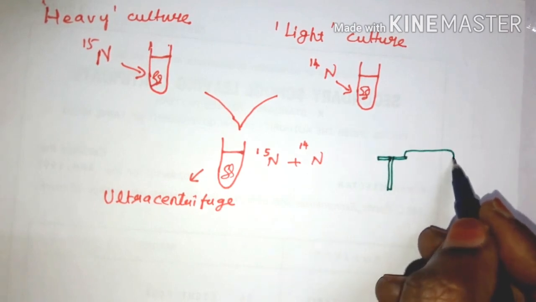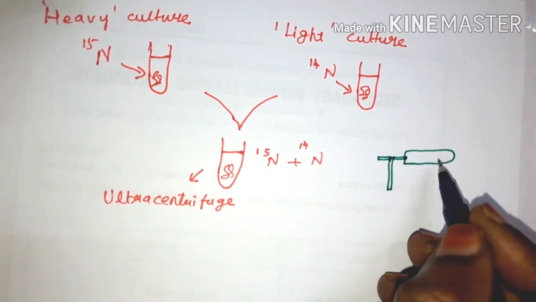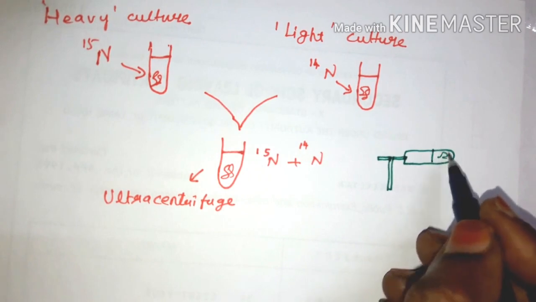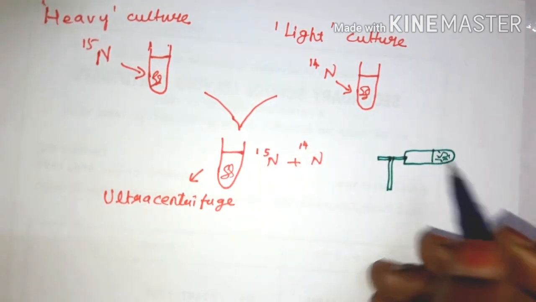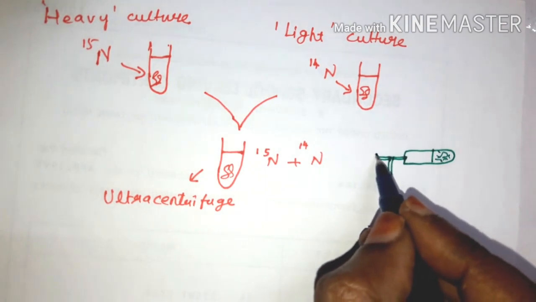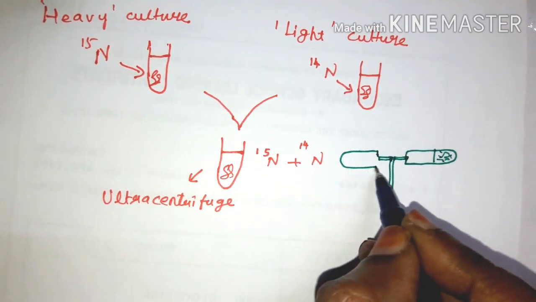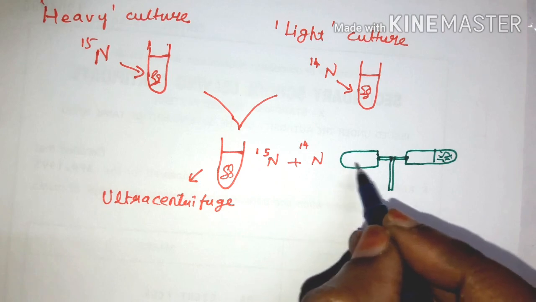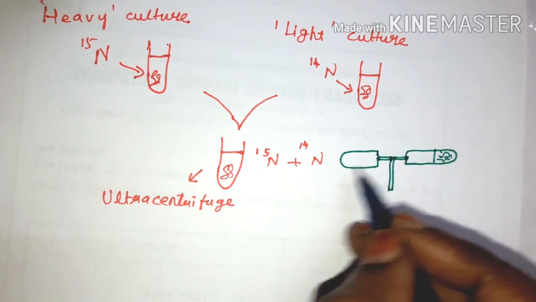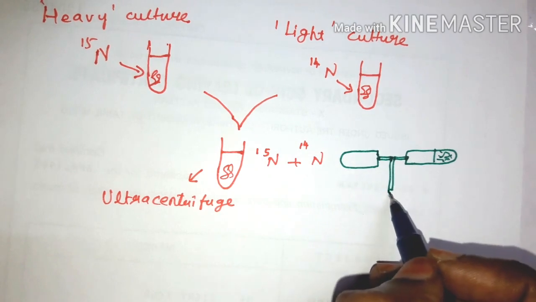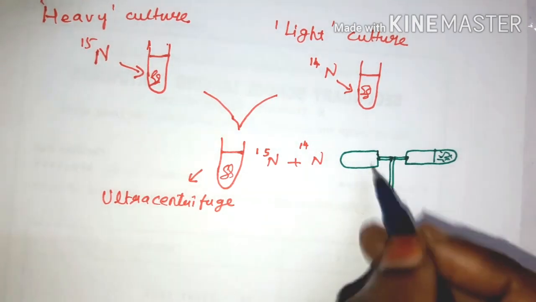Here the test tube is attached, which contains this N15 and N14 DNA material. For balance, they attach some empty test tubes without any culture medium. On the center axis, it will rotate itself.